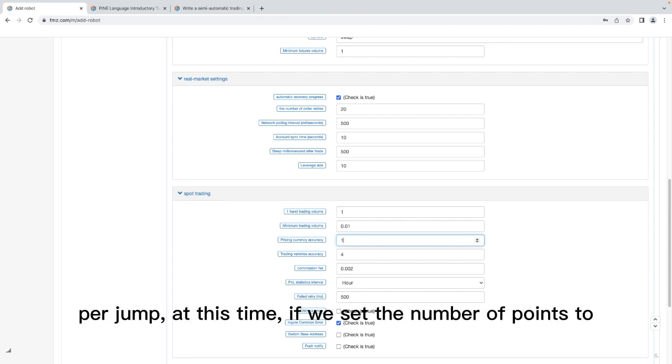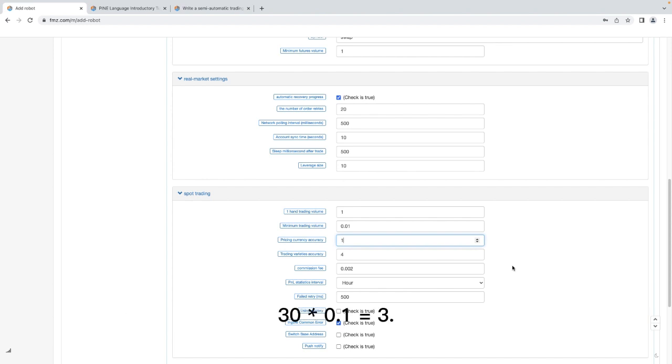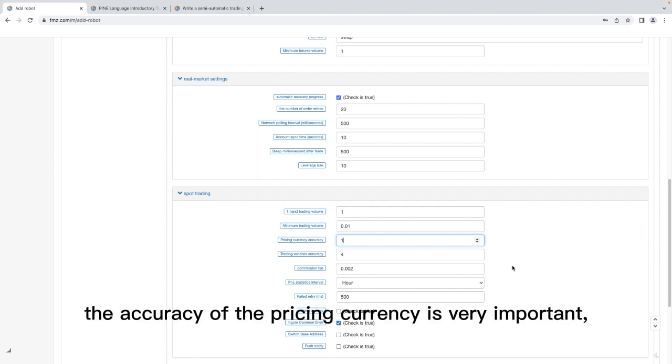At this time, if we set the number of points to 30, the calculated offset will be 3, because 30 multiplied by 0.1 equals 3. Therefore, the accuracy of the pricing currency is very important.